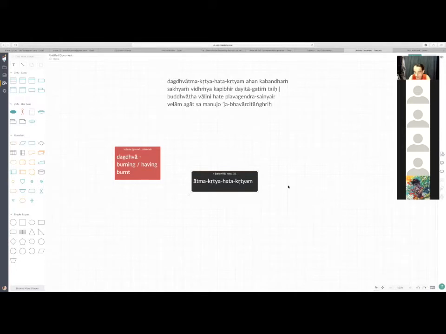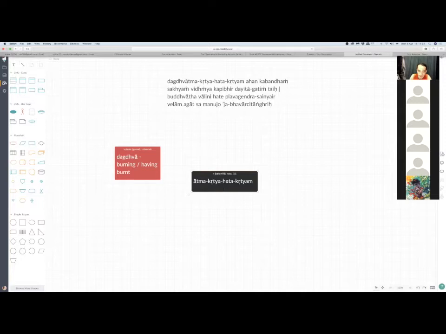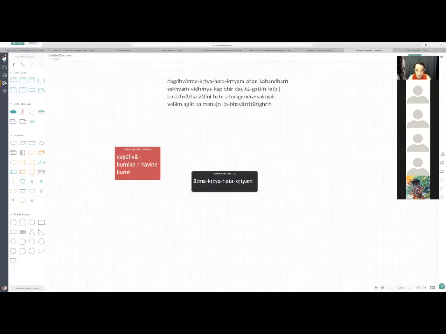But you don't kill activities, so hata can have a broader sense: the activity which was frustrated, harmed, not always killed to the point that something is dead, but just in general. And again, we have atma kritya, the activity for atma, for oneself.